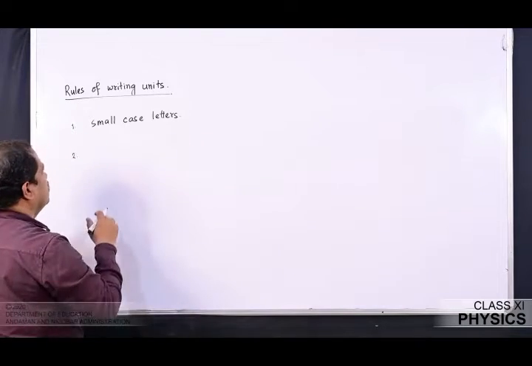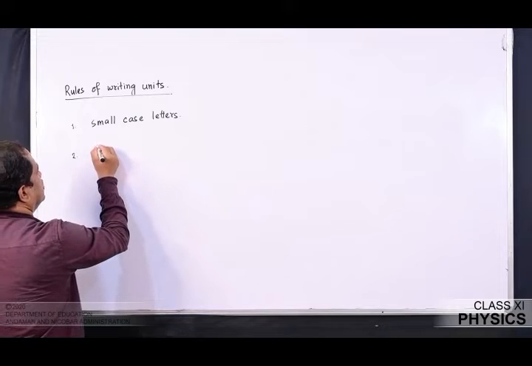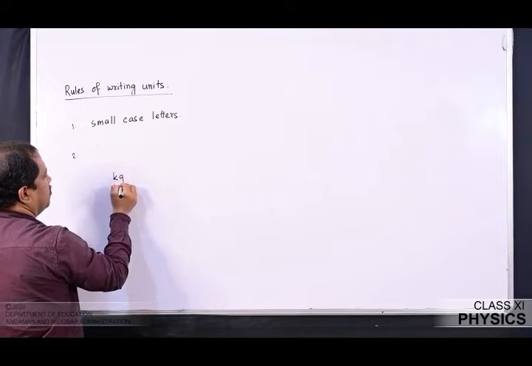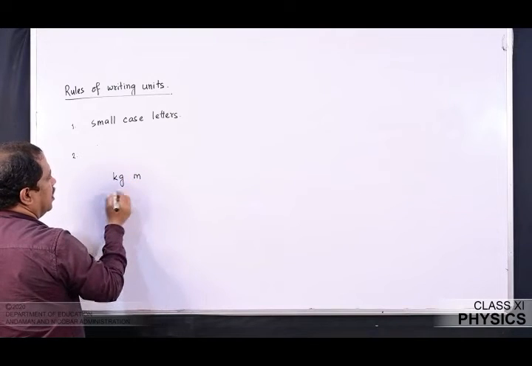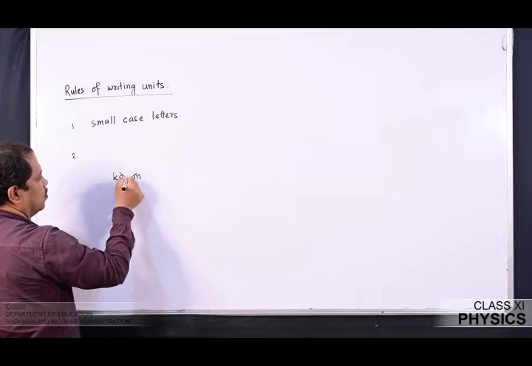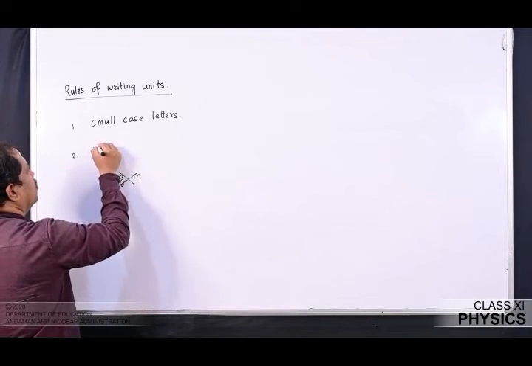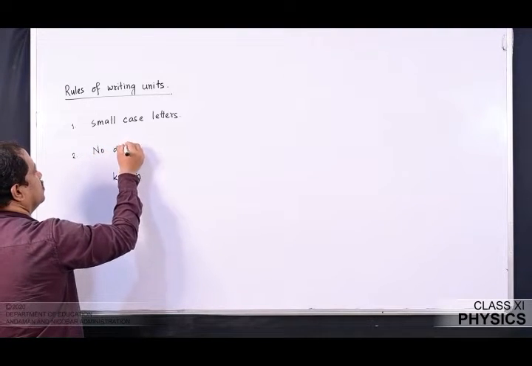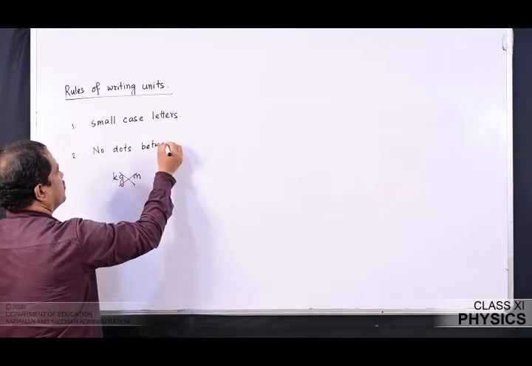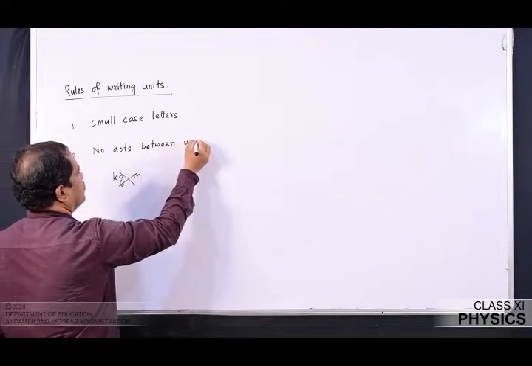For example, if I write kilogram meter, I will not put any dot in between. So, no dots between units.